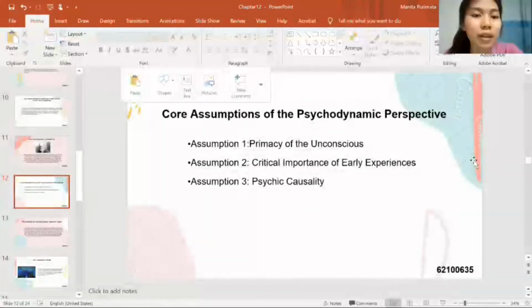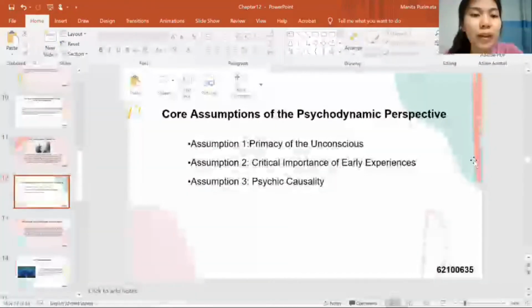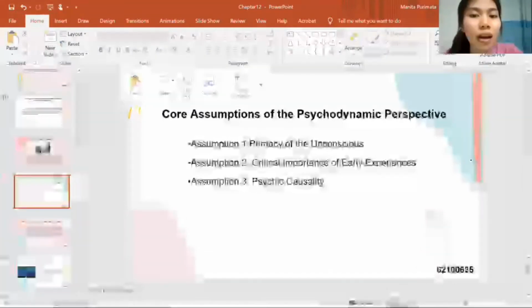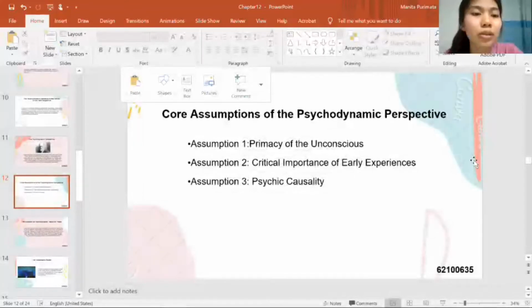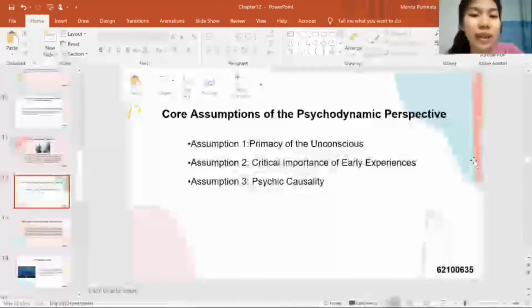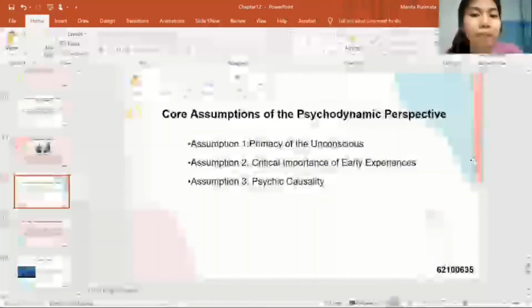Research confirmed the basic premise of psychoanalysis that many of our mental activities, memory, motives, feelings are largely inaccessible to consciousness.